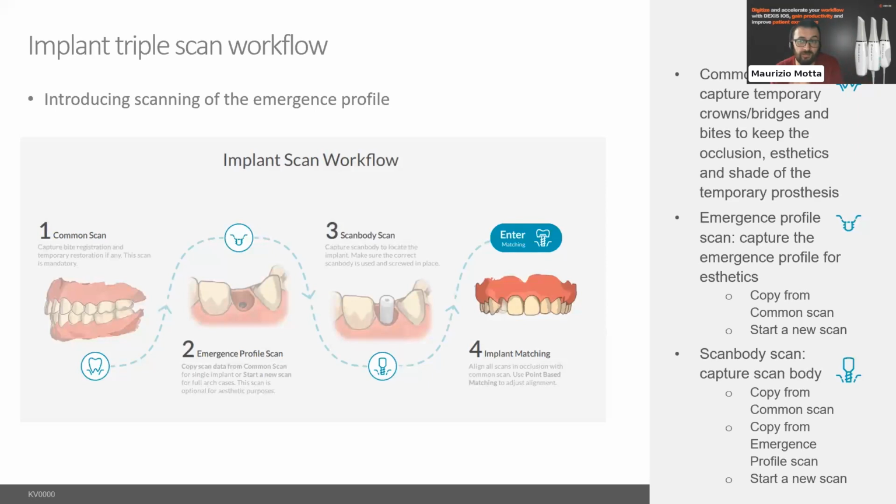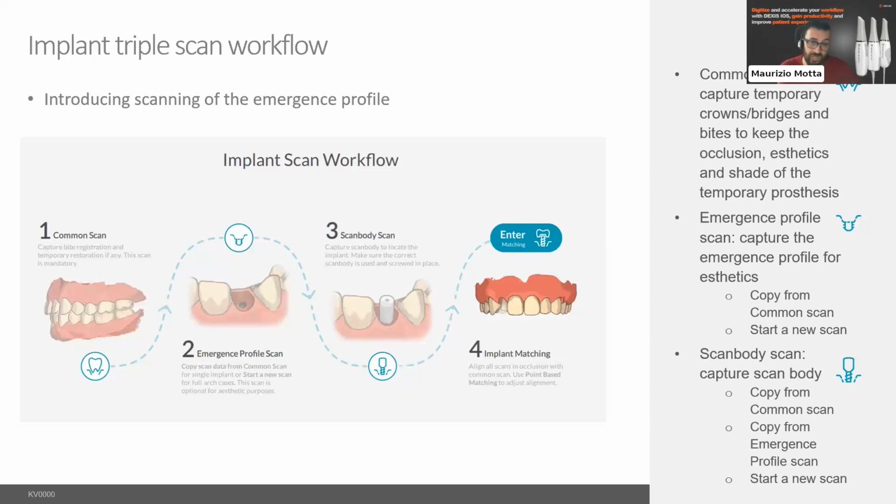Last but not least, the software now allows you to do a matching. If you start a new scan, or when you move from the common scan to the emergence profile and the scan body scan, if you have to do a big cut, for example, because you have a hybrid workflow with implant and restoration, if this cut is too big or you start a new scan, the orientation of the model is not the same as the common scan.